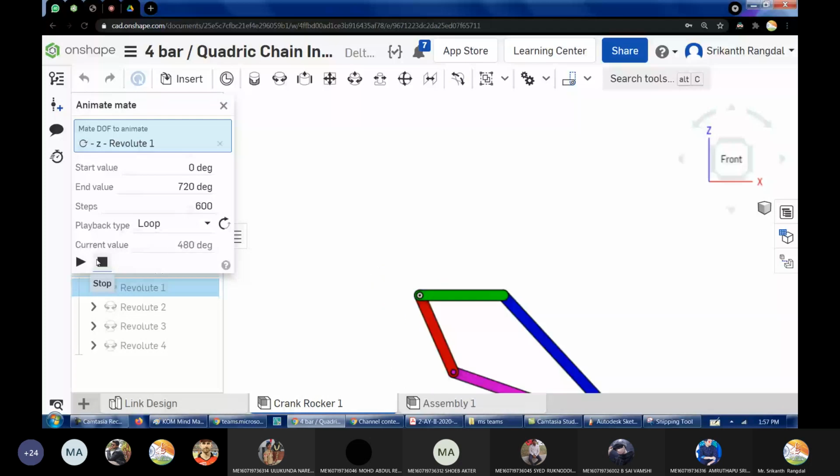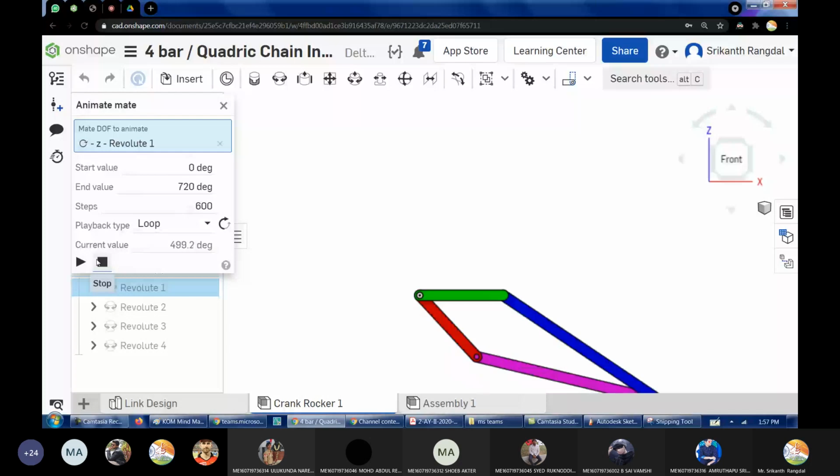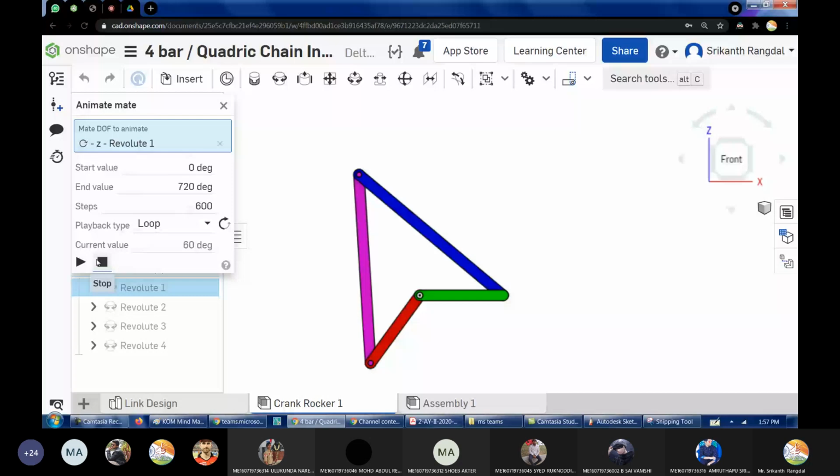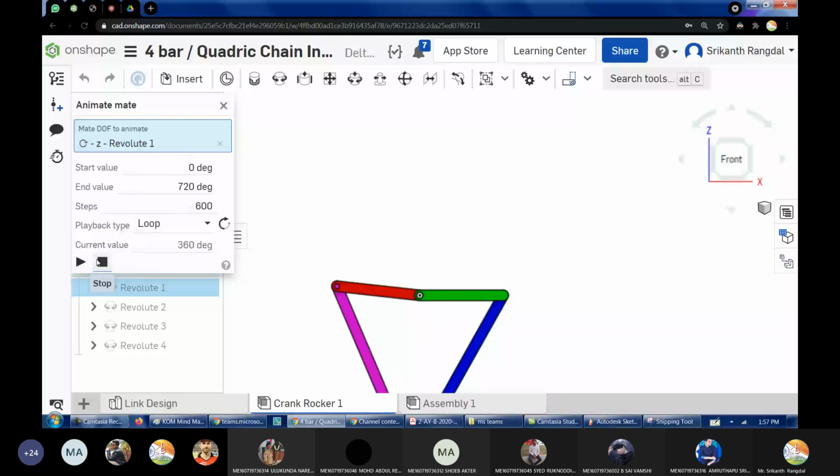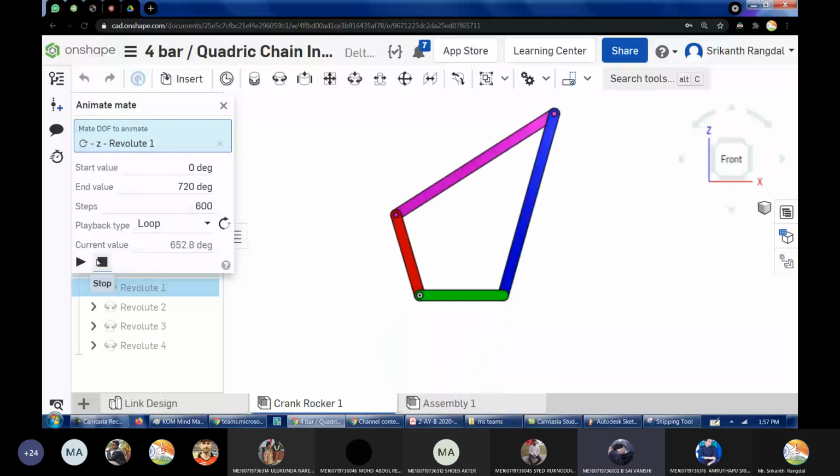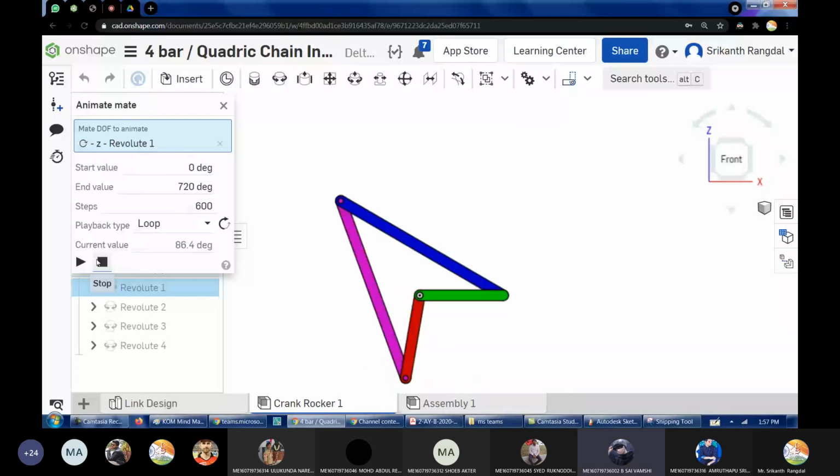The special thing here is, this is a hint I'm trying to give: when the blue link completes 1 rotation, the red link is completing 2 rotations. Can you see that? Yes, sir.